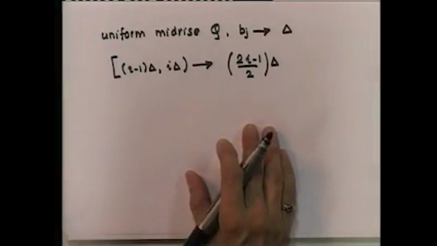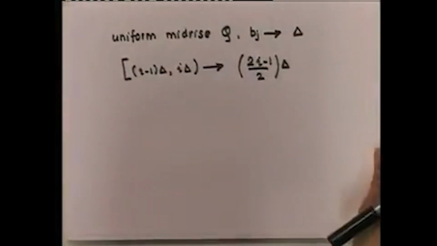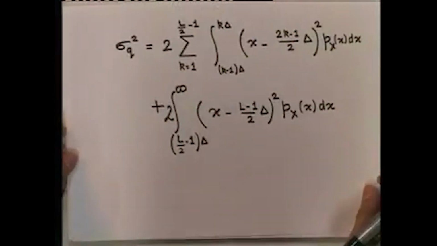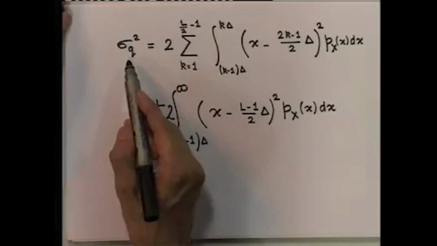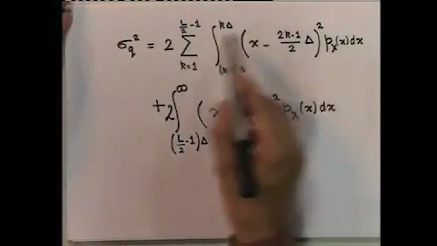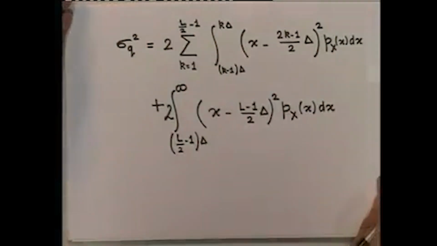Therefore, based on this, the minimum squared quantization error can be rewritten as shown here.